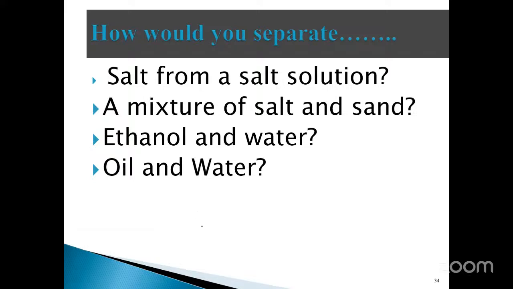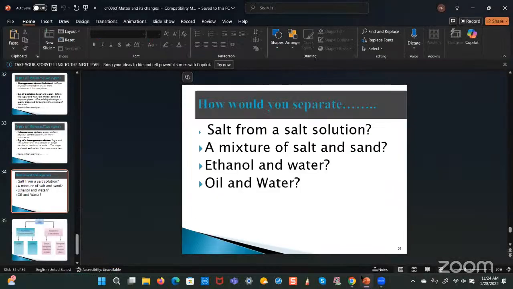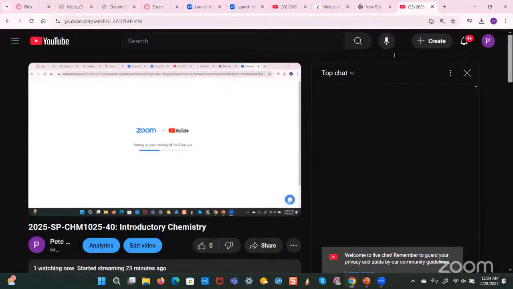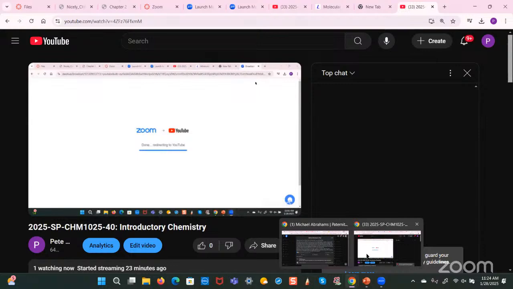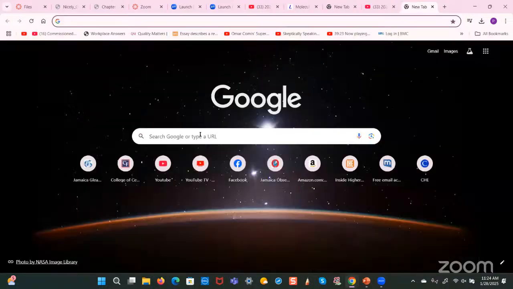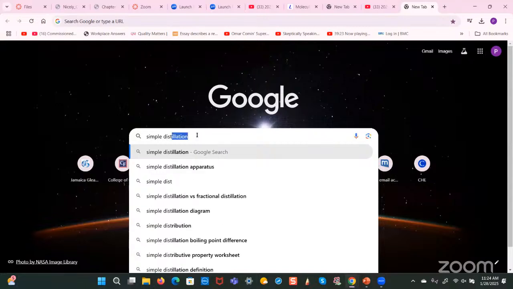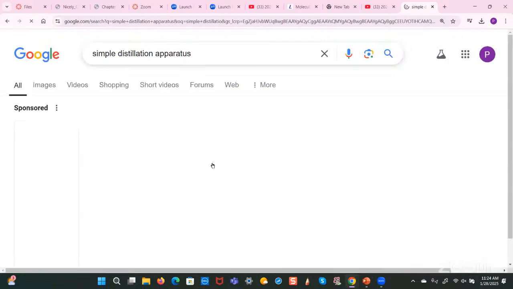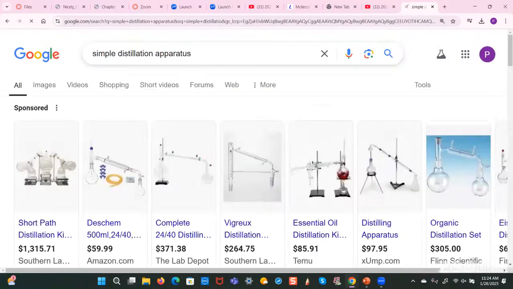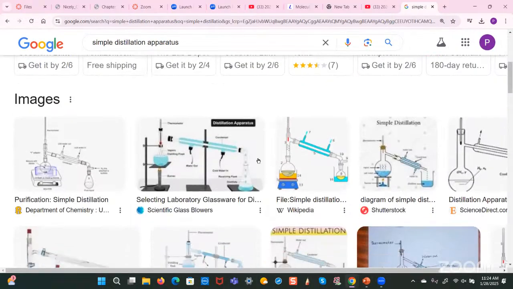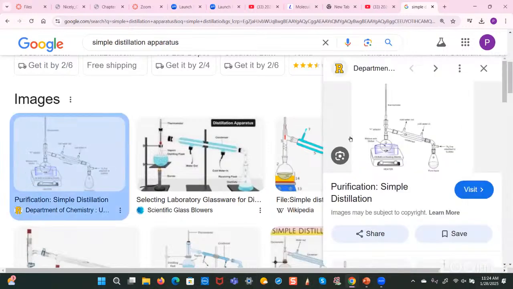And again, you know what? Let me not draw this because I'm not good at these things. What I'm going to do is see if I can find a diagram of a simple distillation apparatus. Okay, which one shall I choose? Okay, let me choose this one right here.